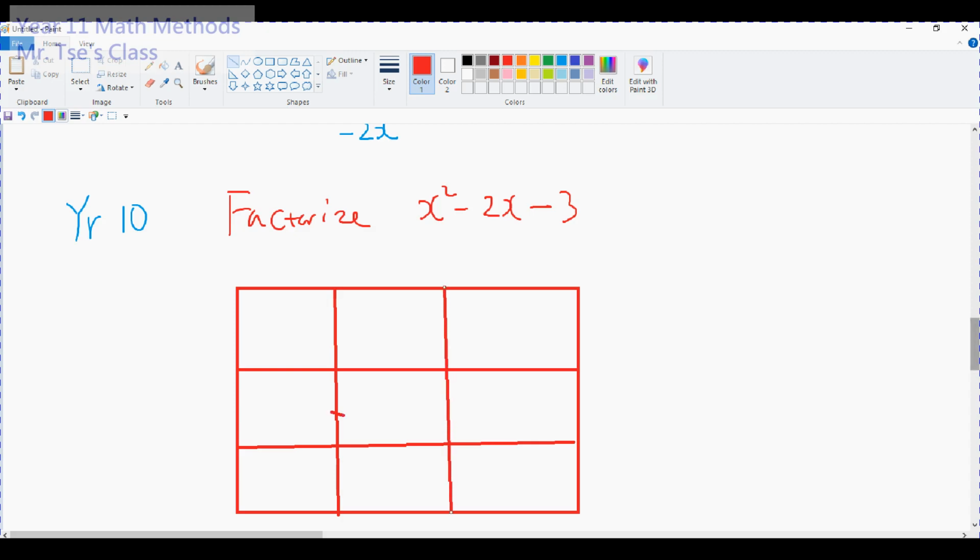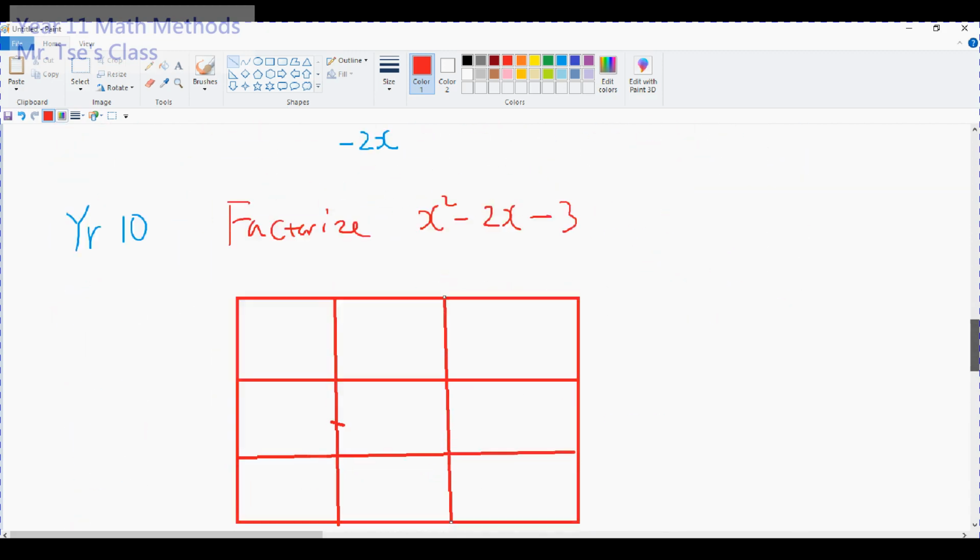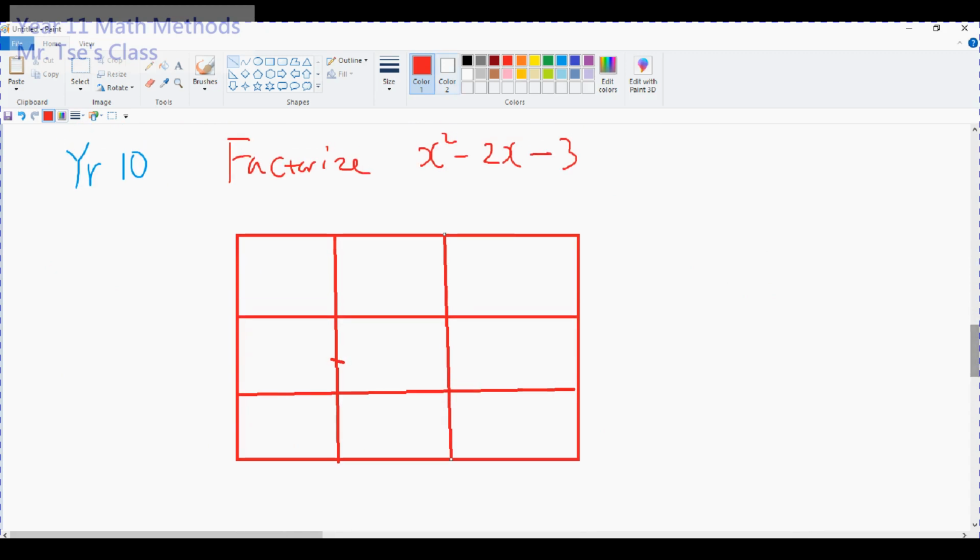Unlike expanding, if you are factorizing, then you have to do things backwards. So you've already got x squared minus 2x minus 3, but you need to factorize that into two factors, and you need to think about what numbers should be here.